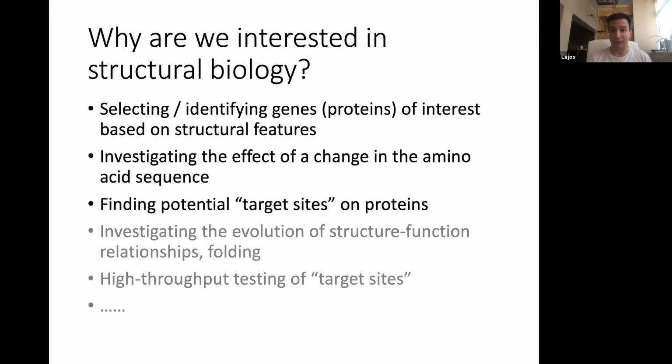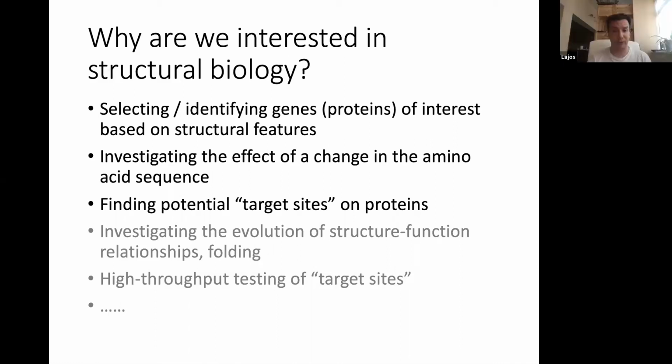The second thing is that if you have a change in the amino acid sequence, for example, you are looking for the same genes, the homologous genes in different species, and you find out that there are some SNPs, some amino acid changes between two proteins of the same function, and you are looking for the effect of that change.